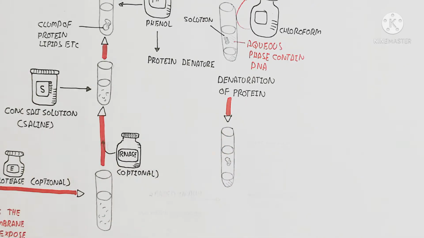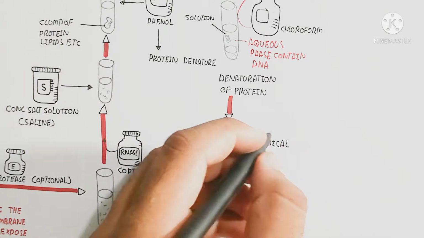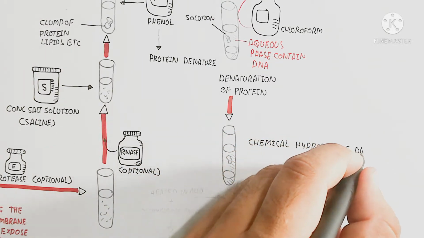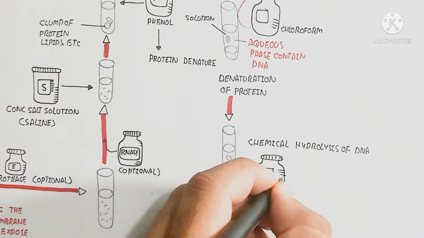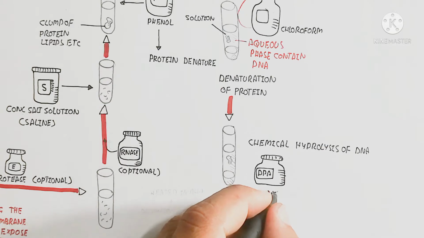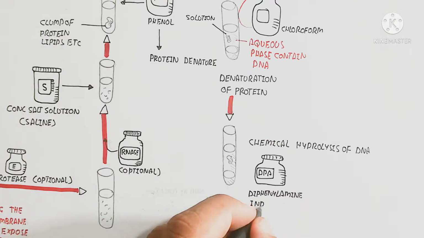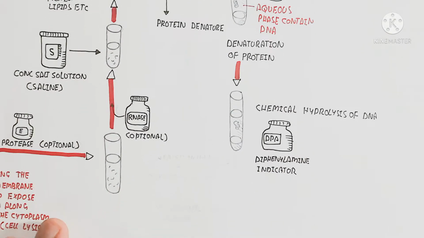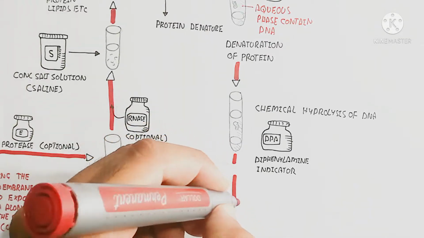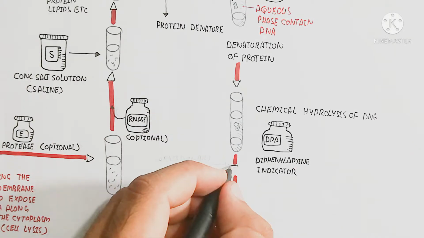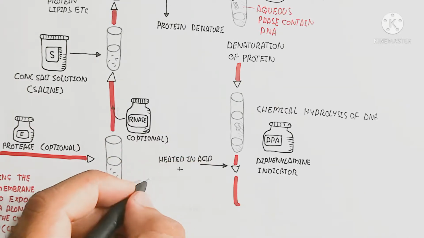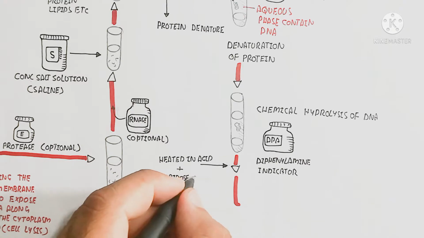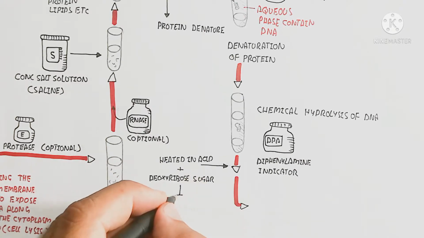An important thing is that chemical hydrolysis of DNA will occur. We can add the diphenylamine indicator. Diphenylamine indicator is used for the reaction. It is heated in acid, with the acid and deoxyribose sugar added.